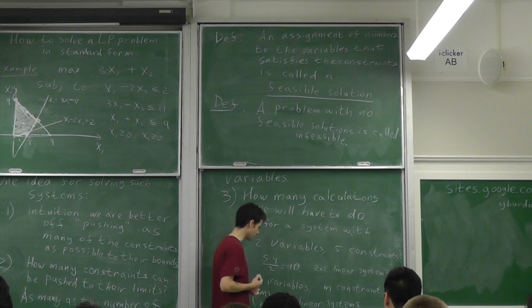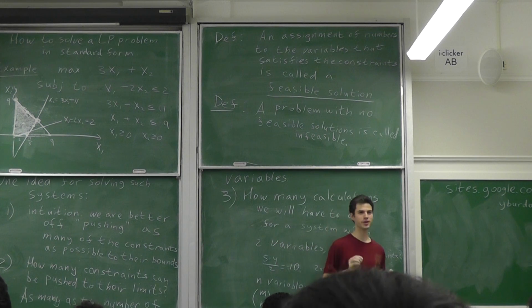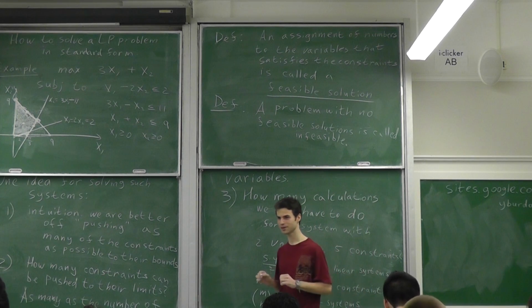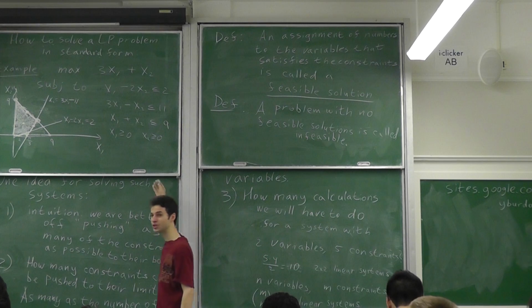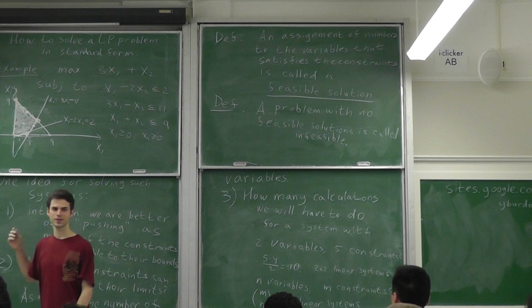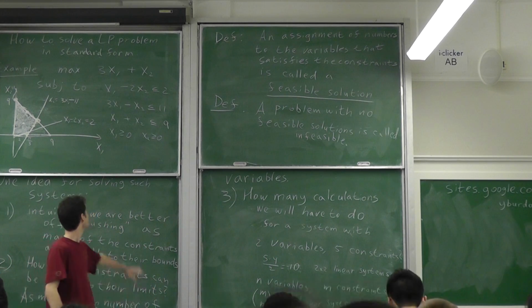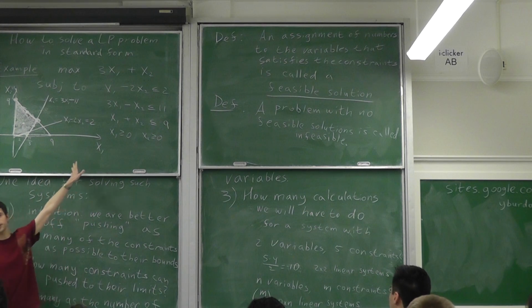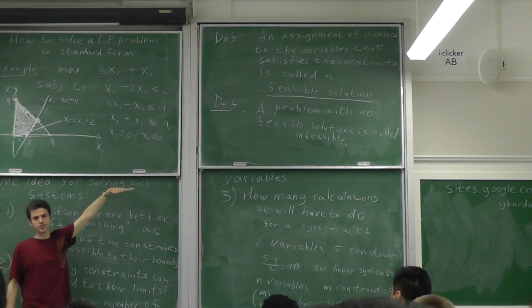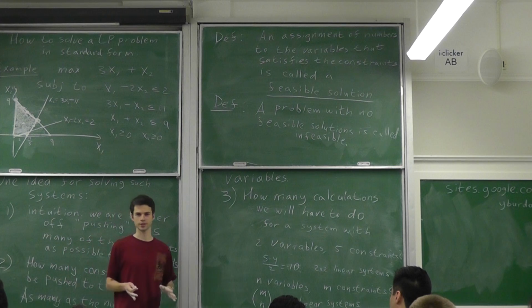Okay, so we have a way to solve now more or less any linear programming problem, and the algorithm is as follows. Look at your problem, look at all the constraints, decide how many variables you have.